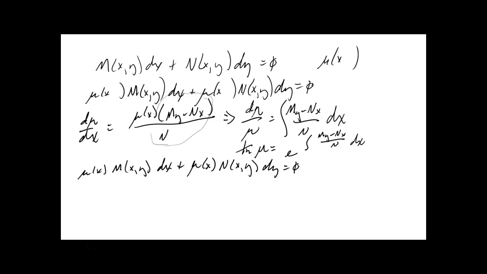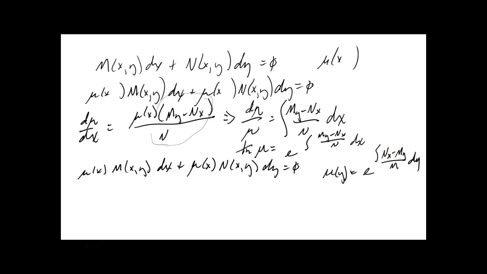But then you reverse it and say, well, what if mu was a function of y alone? If it was, the mu, now a function of y alone, would be similar to this, e to the integral of, I'm pretty sure it's n sub x minus m sub y over m dy.